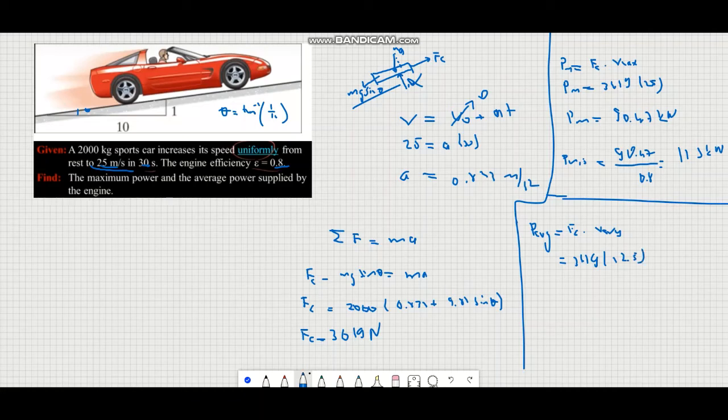Because it's uniformly increasing, so the average is gonna be in the middle. So it's gonna be 45.28 kilowatt, and the input as an average power is gonna be again 56.5 kilowatt when you divide by 0.8. All right.